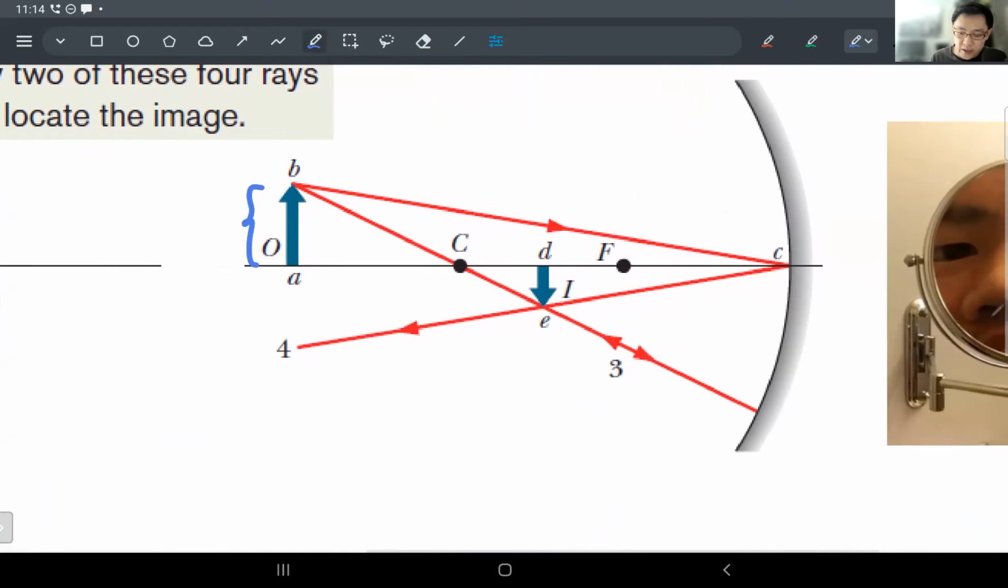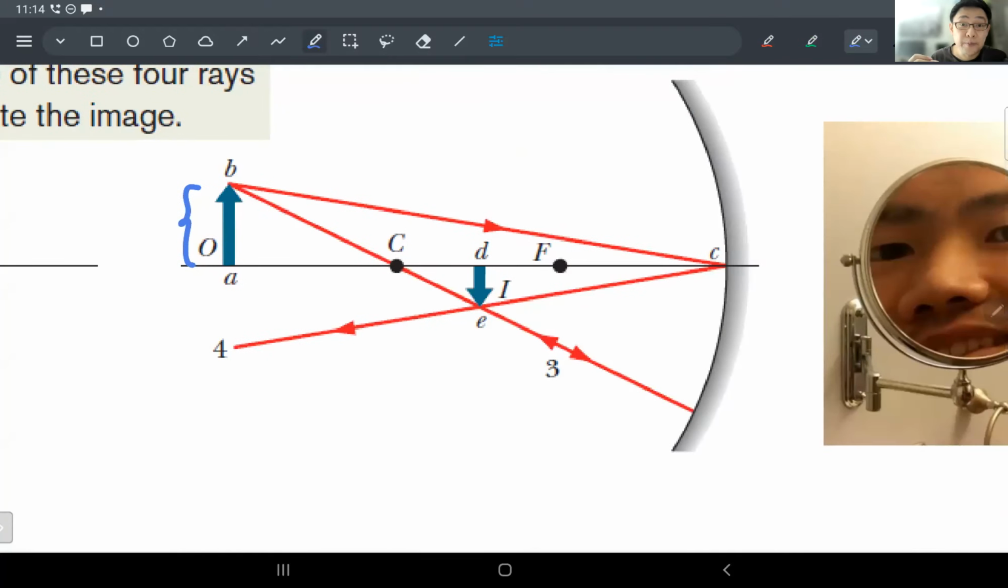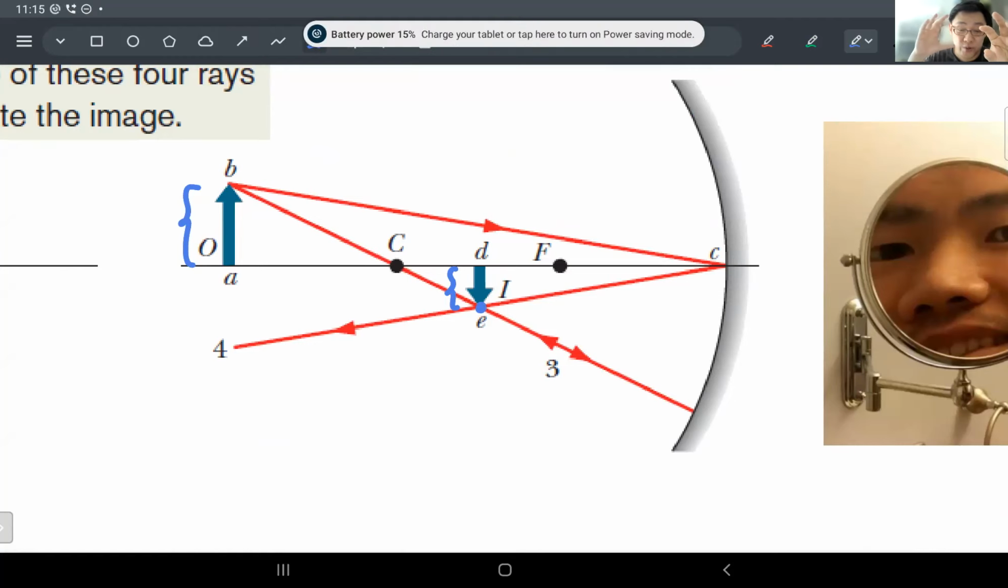But if you look at where the rays cross, it's only crossing at this point, so you can see that it's shortened. That means your image is going to have a reduced size. So you're going to get a smaller image in comparison to the object itself. Okay, so that's one thing.